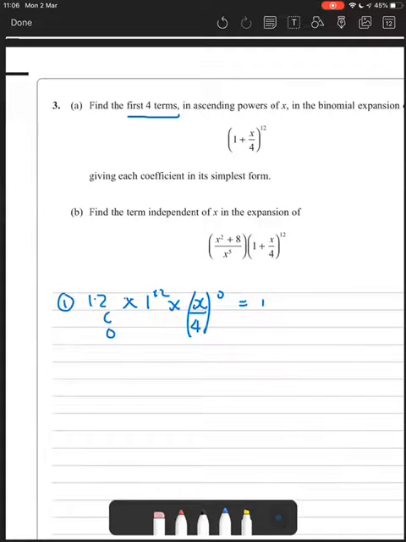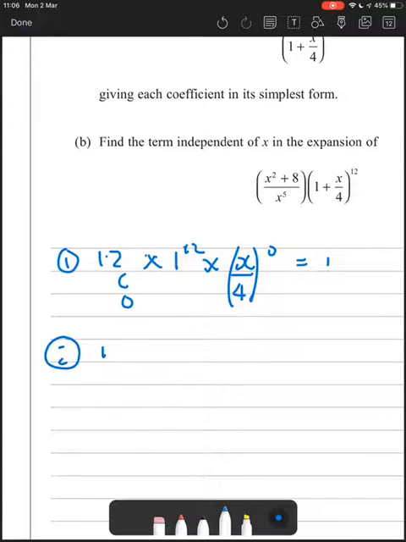So let's have a look at the second term. For the second term, we're going to use 12 choose 1 multiplied by 1 to the power 11, multiplied by, and for this one, we can now raise it to the power 1.